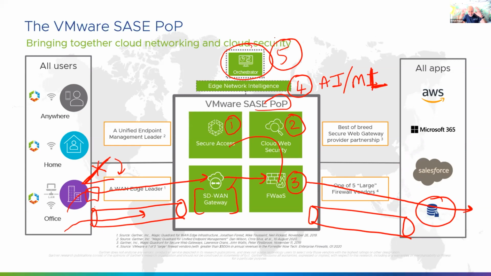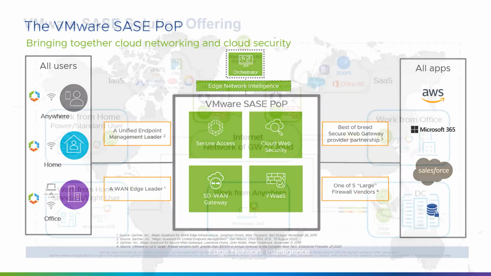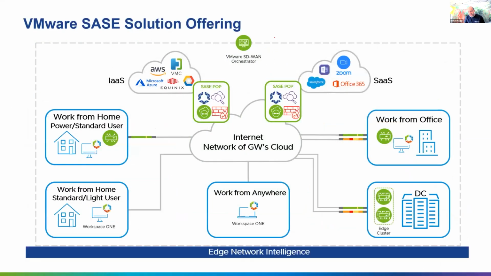That defines the VMware SASE architecture with these 5 key components. We'll touch base on all these 5 elements. But this is how the VMware SASE offering is.